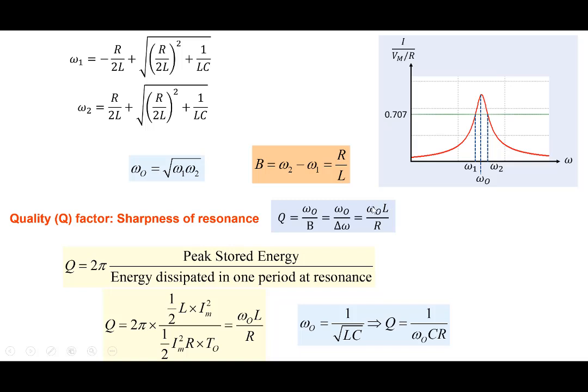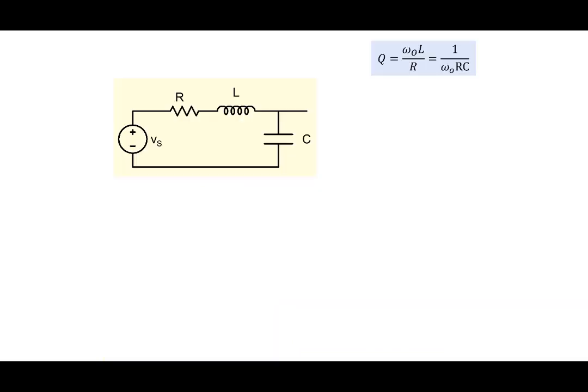This is the reactance of the inductor, and 1 over omega naught C is the reactance of the capacitor. So the reactances have to be much larger than the resistors in the circuit. This is the reactance part and this is the resistor part. That is kind of obvious.